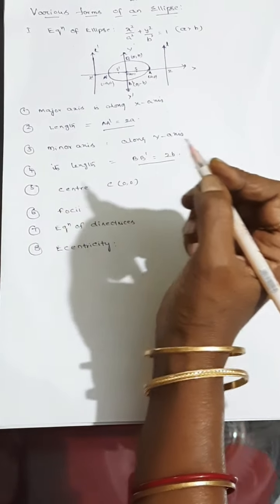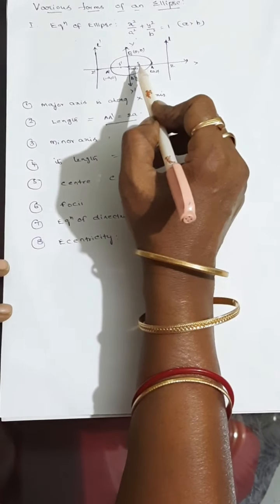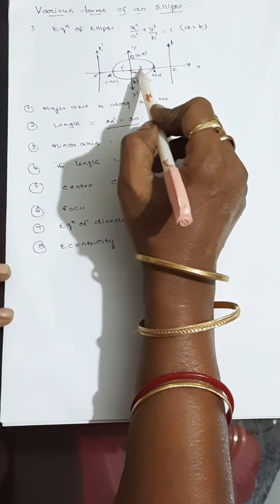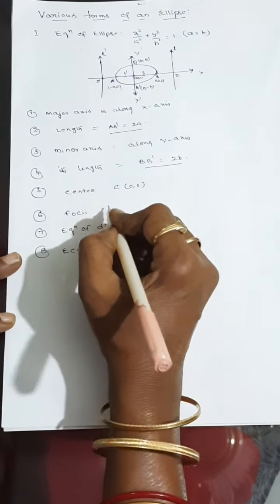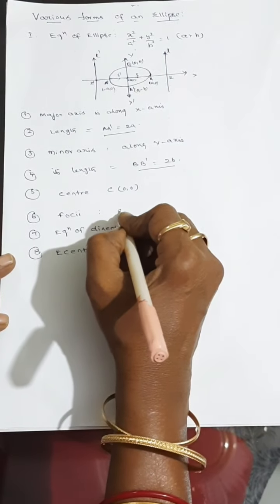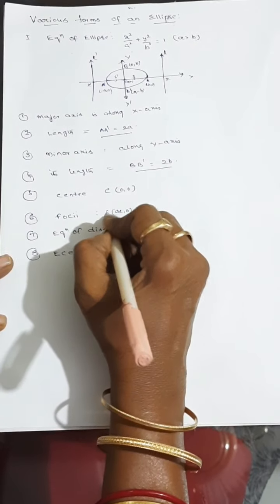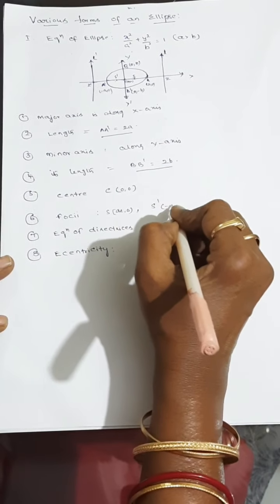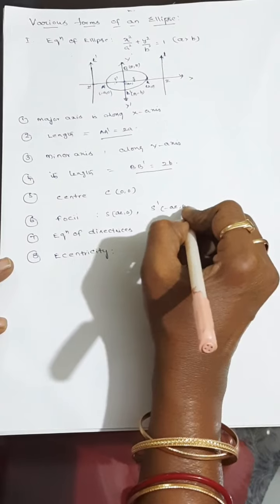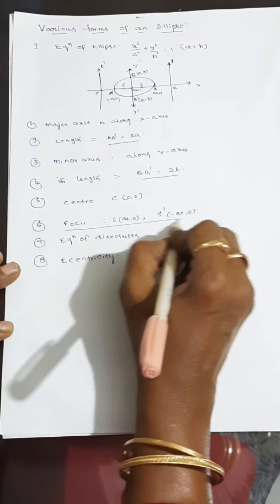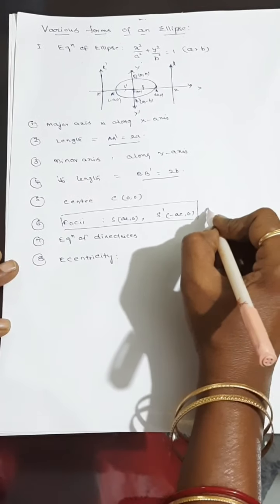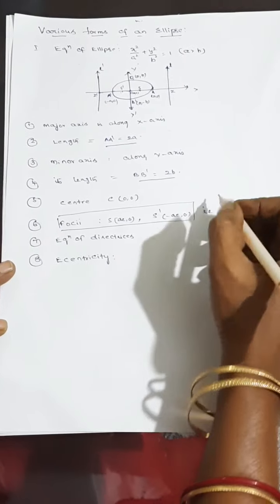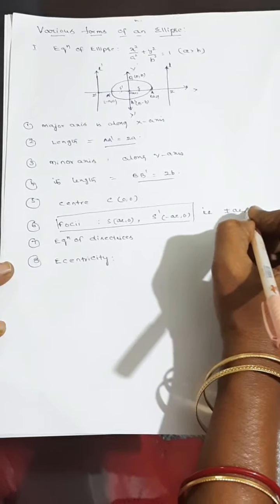And very important, the coordinates of the foci: S is one focus and S dash is another focus, whose coordinates are (ae, 0) and (minus ae, 0). The coordinates of the foci are plus or minus (ae, 0).